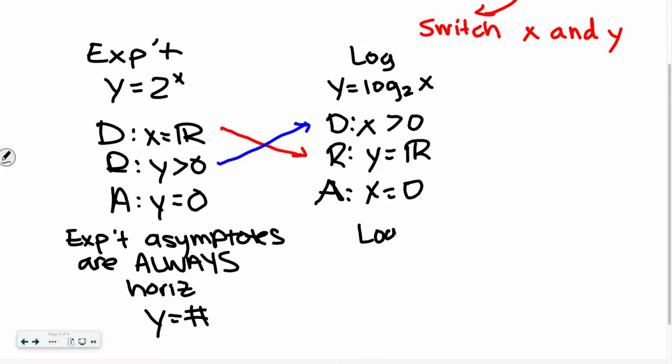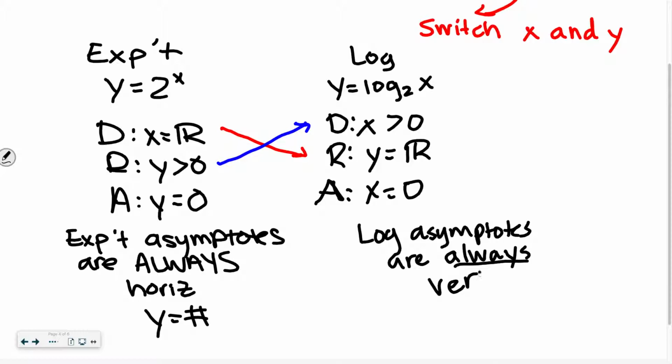And a log's asymptote is always vertical, which would be x equals a number. And maybe I'll write up here, domain and range switched.